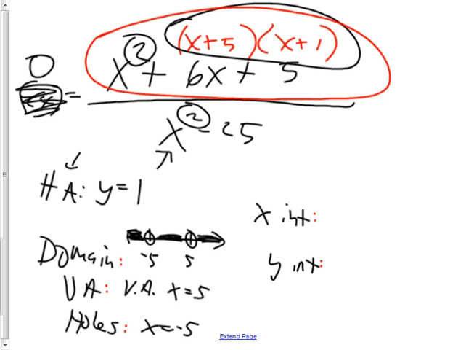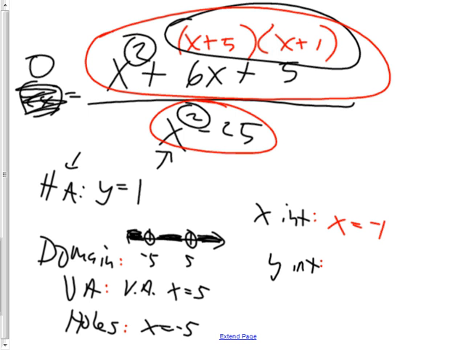Because -5, when you put it in, crashes the function. So it will not touch at -5 because -5 is not a spot on this function. So -1 is an x-intercept, but not -5, because even though it's a spot where it would have touched it, there's a hole there.